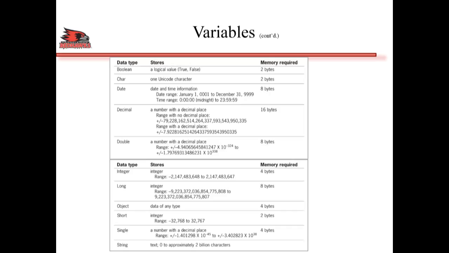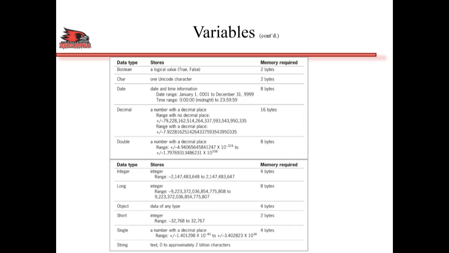Other than that, there are integers which can only store whole numbers, and they can be long or short. The short one, having only 2 bytes, can only have a range between minus 32,768 and 32,767. On the other hand, if you have 8 bytes, you can use the long integer, which has a huge range, something in the order of 10 to the power 15, 16.